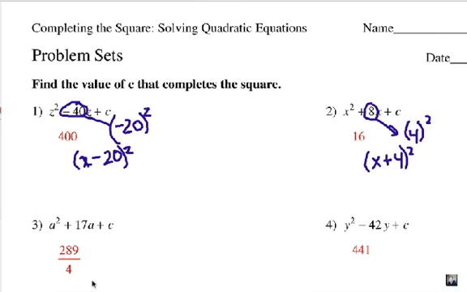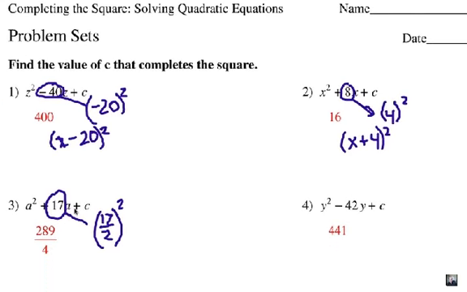See the pattern? All right, now 17, we take half of that, and it's going to be 17 over 2, right? Don't worry about making it into a decimal or a mixed number here. But when we square that, it's 289 over 4. Okay? And if we had that written as a squared binomial, that would be a plus 17 halves.